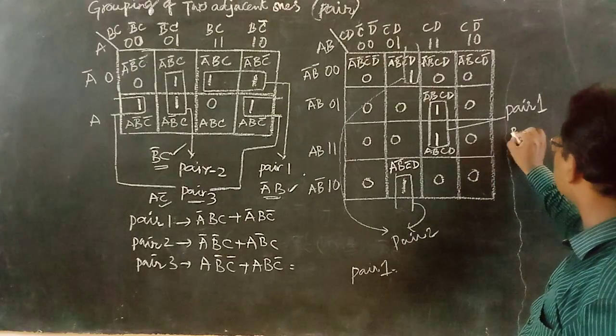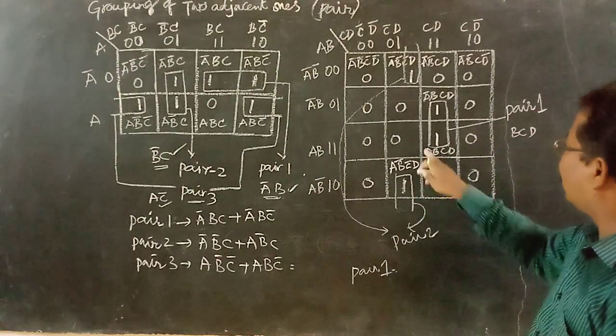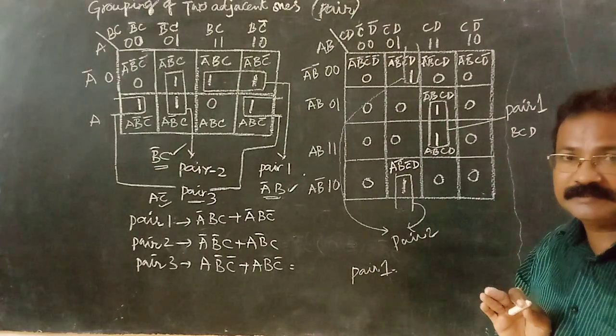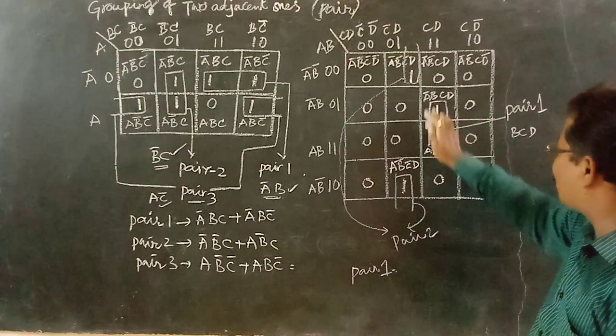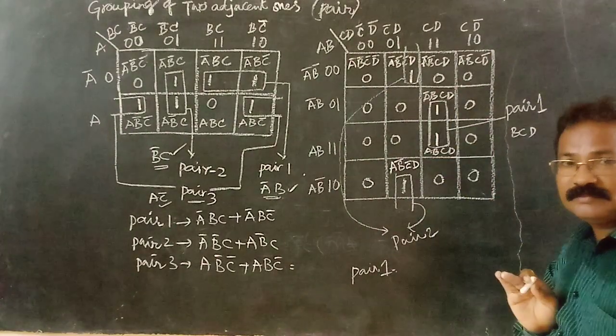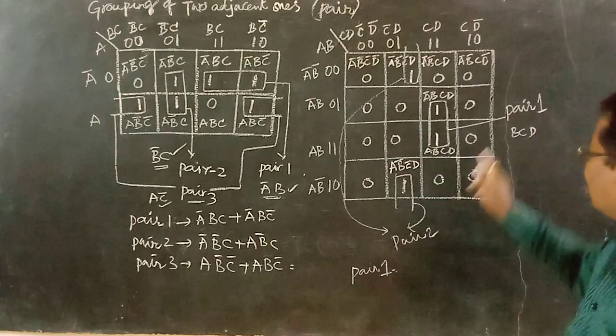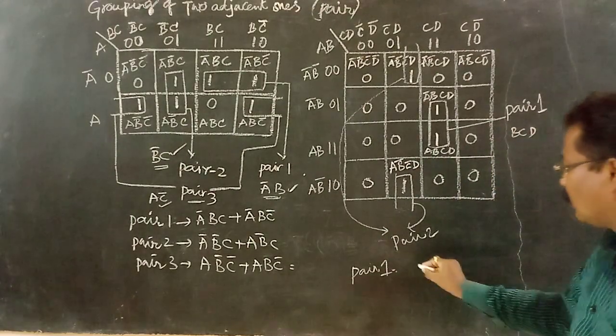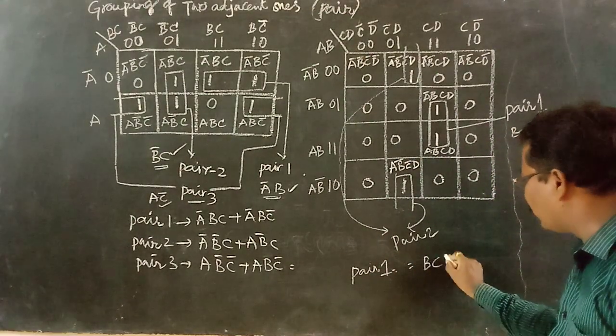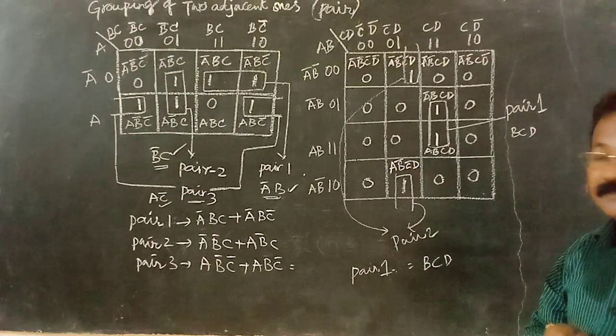A and A bar is different. So the simplified expression of this pair is BCD. So pair 1 is BCD.